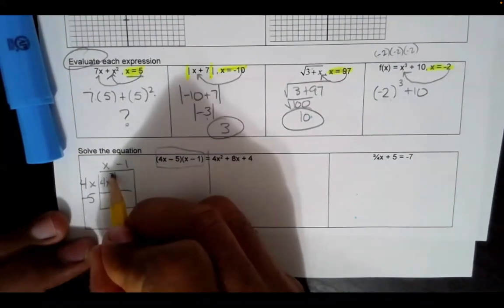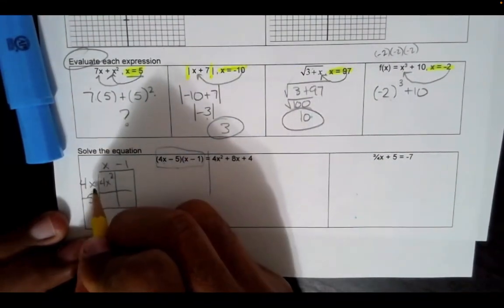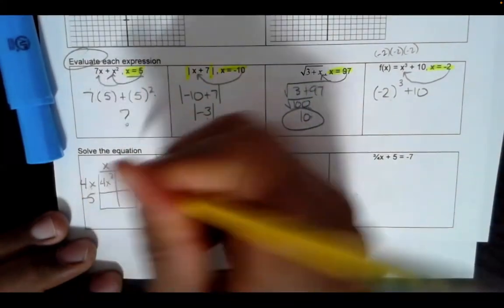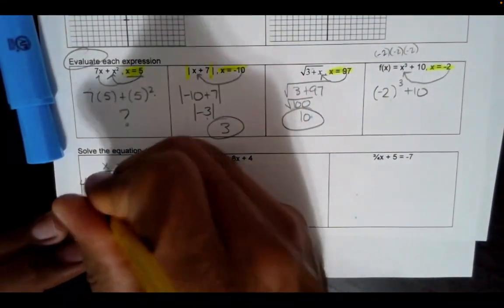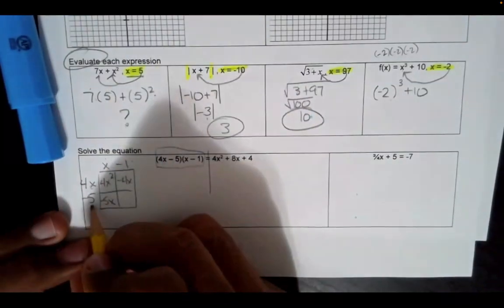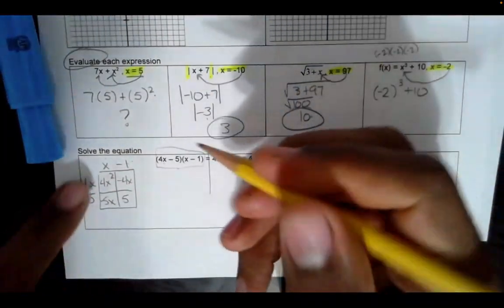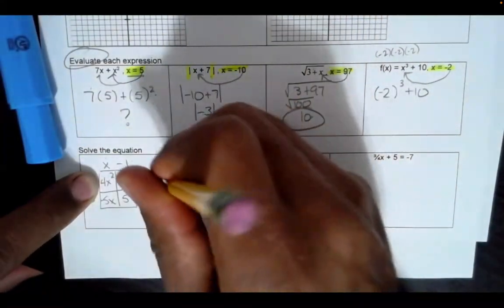Okay, that's 4x squared. And then 4x times minus 1, that's negative 4x. X times minus 5 is negative 5x. Negative 5 times negative 1, that's positive 5. Okay, so now remember, I start with the first number, 4x squared.